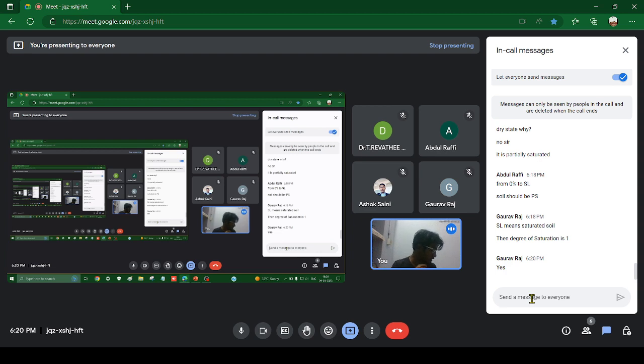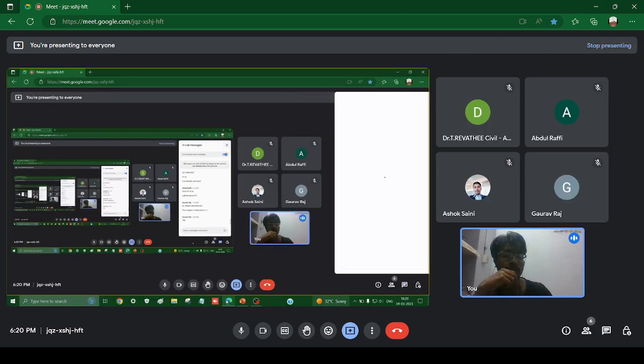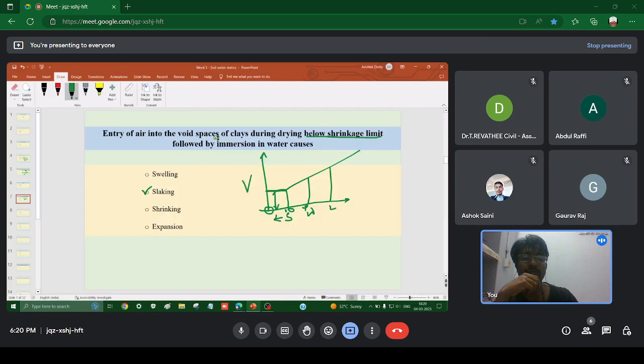From there, I have mentioned in this question: drying well below shrinkage limit, attainment of minimum volume. So this question is correct.